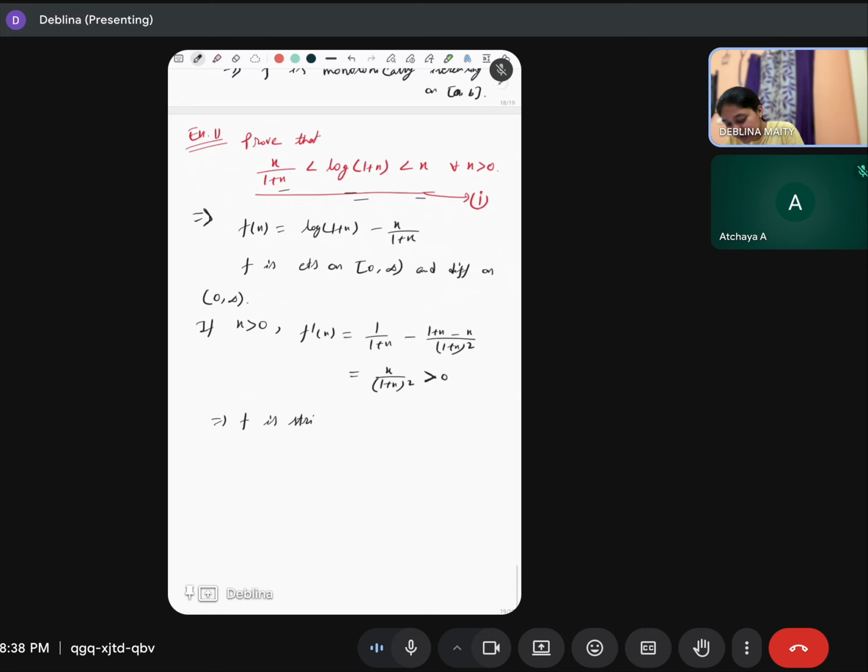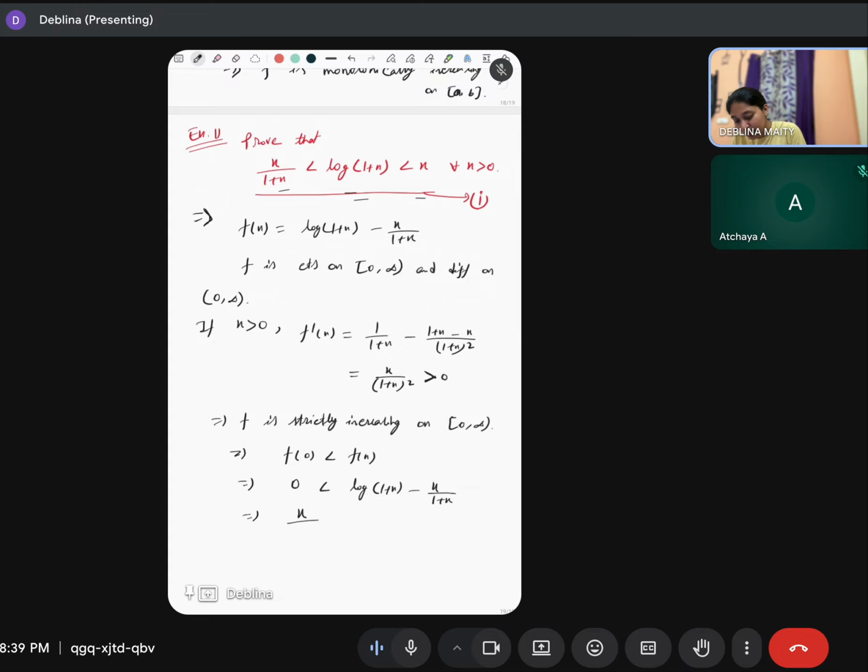So our f is strictly increasing in 0 to infinity. Since x is strictly greater than 0, f of 0 is strictly less than f(x). f of 0 is 0 and f(x) is log of 1 plus x minus x by 1 plus x.